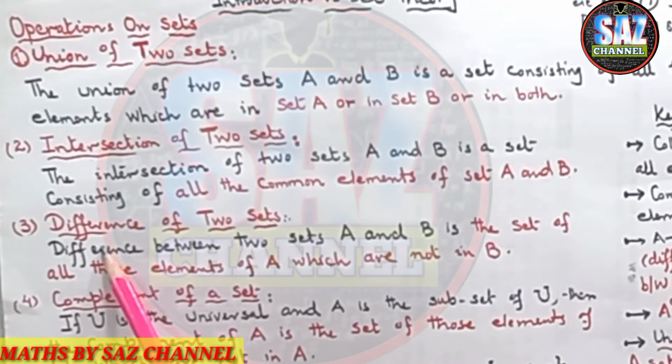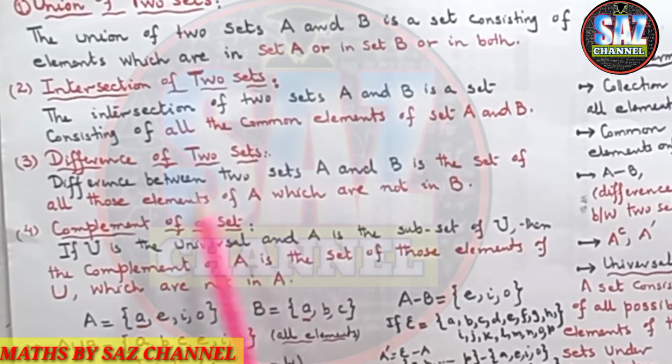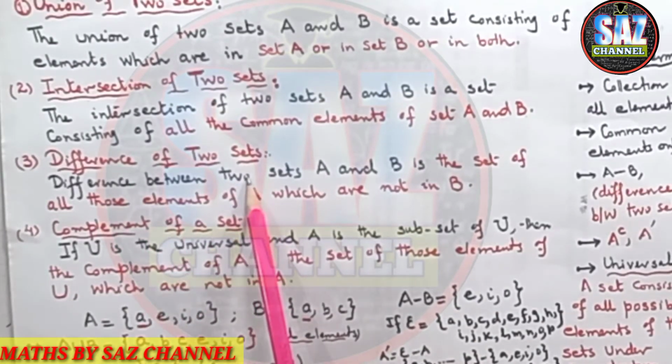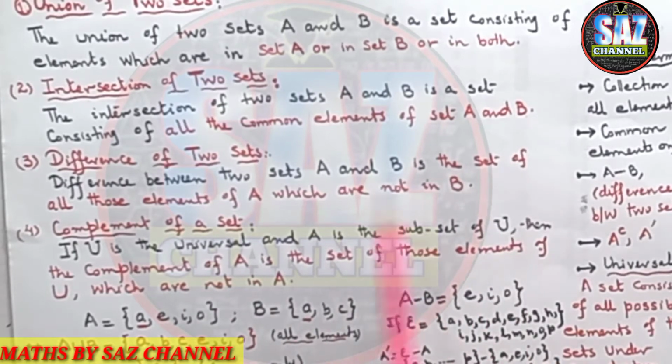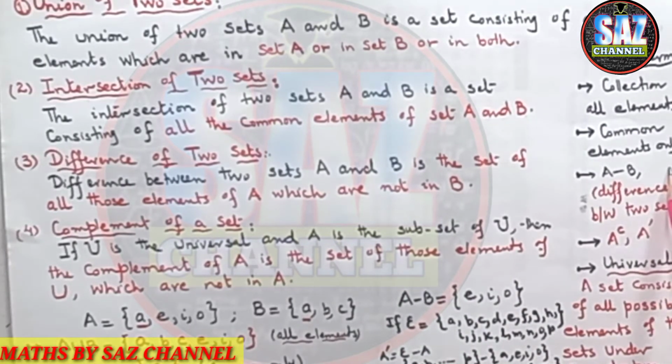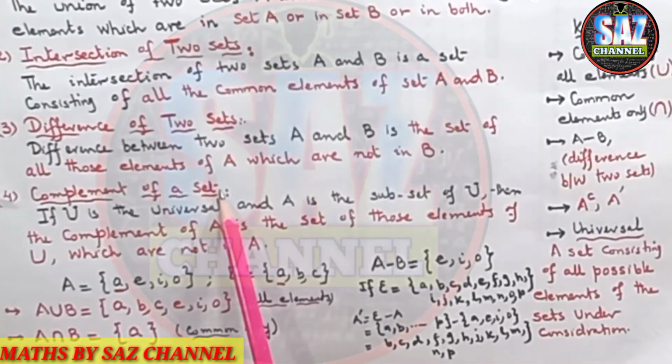Coming to the third concept, that is the difference between two sets. Difference between two sets A and B is the set of all the elements of A which are not in B, and in symbols we write the difference between two sets like A minus B. Then the complement of a set.